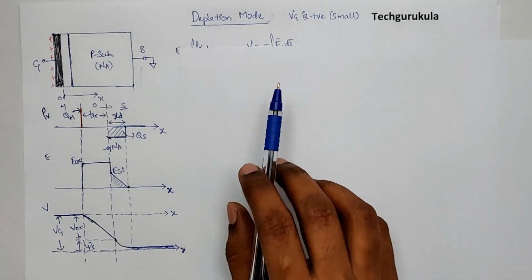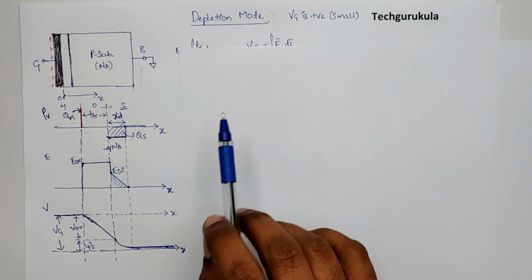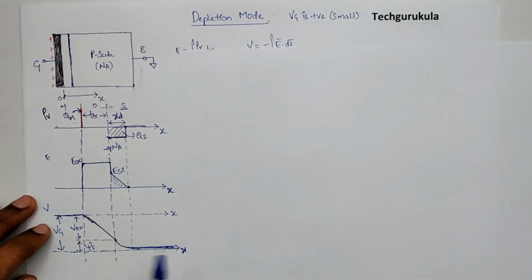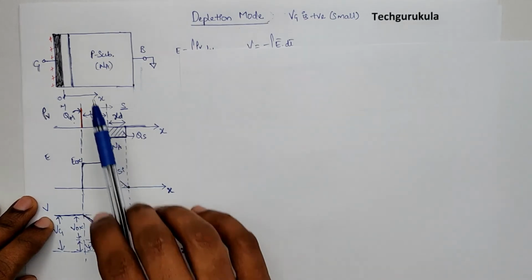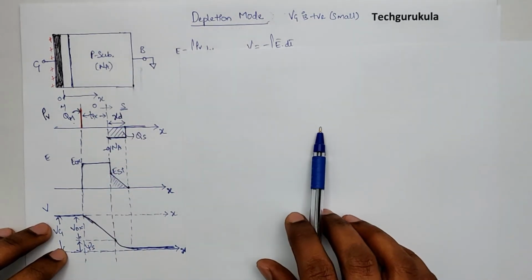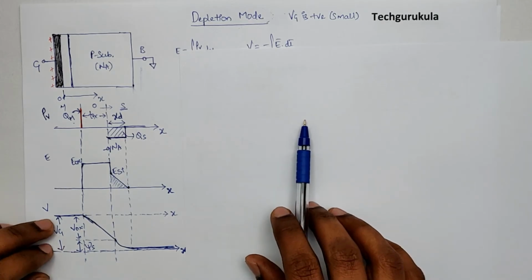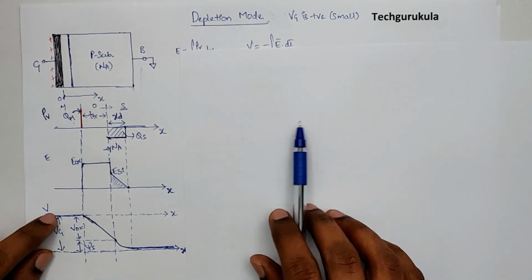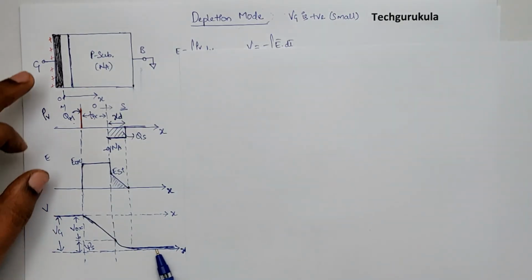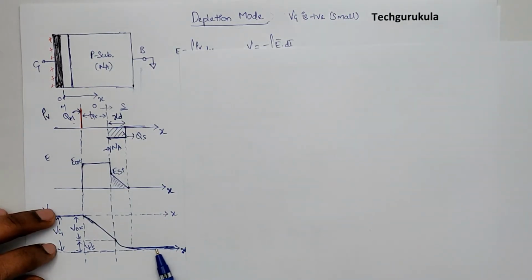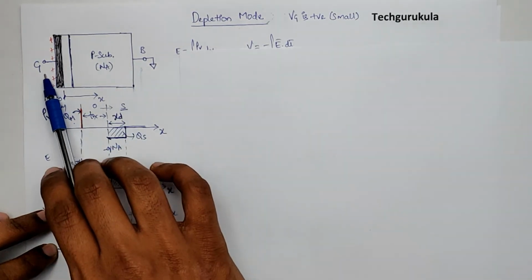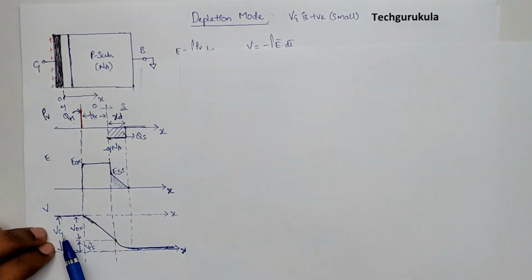Now I'm going to draw the energy band diagram for the MOSCAP in depletion mode. By looking at this potential distribution across the MOSCAP, we can draw the energy band diagram. To start with, the potential at the gate is higher compared to the bulk. So the potential difference is Vg, which means the difference between the Fermi energy levels in gate and base should be Q times Vg.